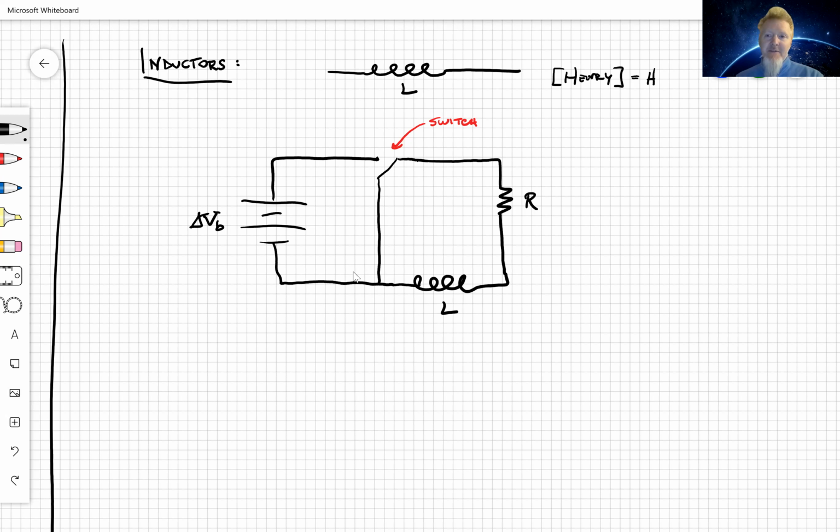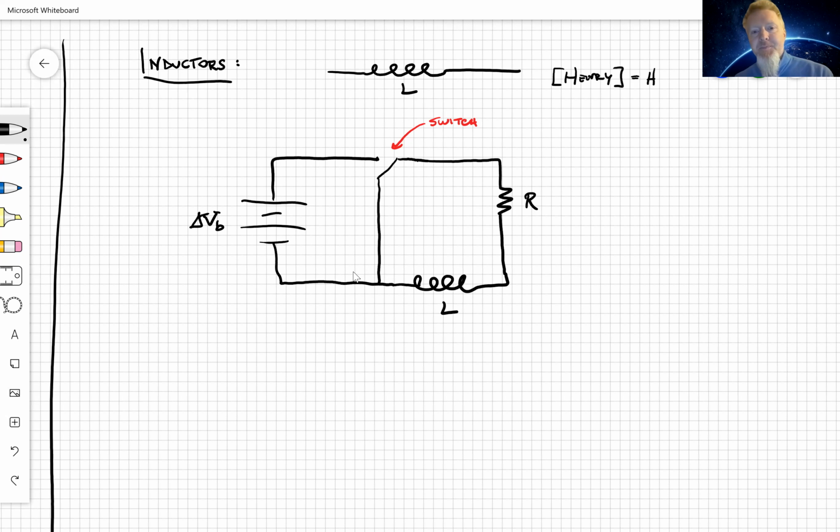So, just to give you a quick verbal qualitative introduction to this, the magnetic energy that's stored up in the coils then starts to push the charge, and it tries to push the charge in such a way that the current continues the same way.